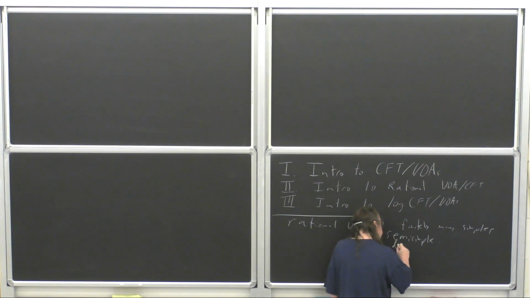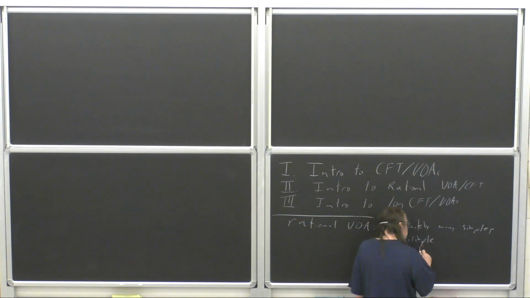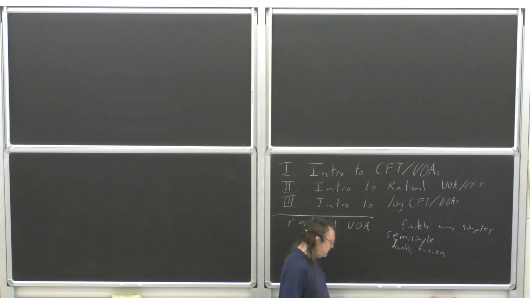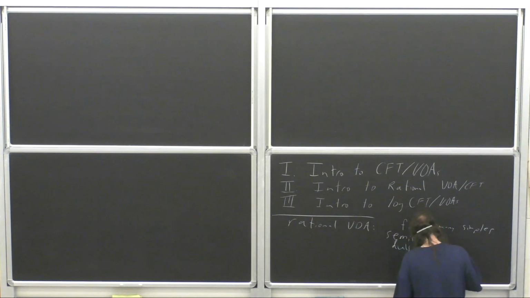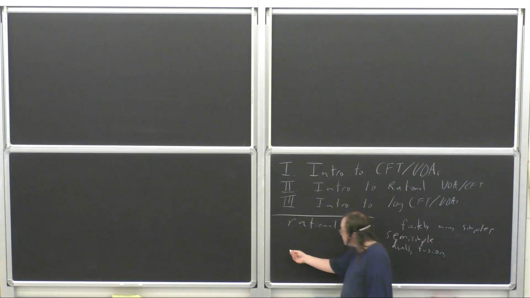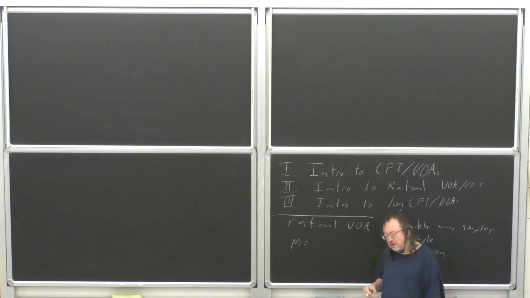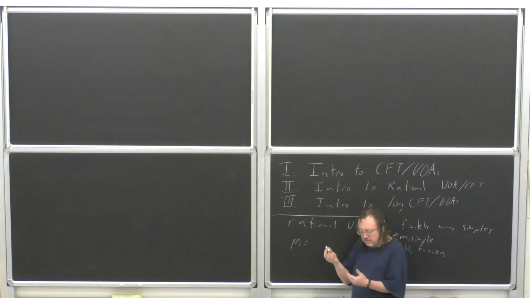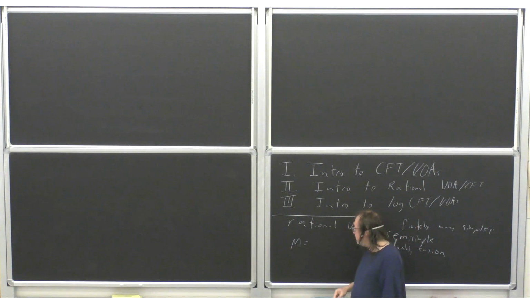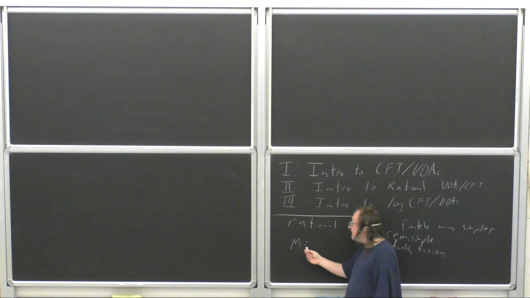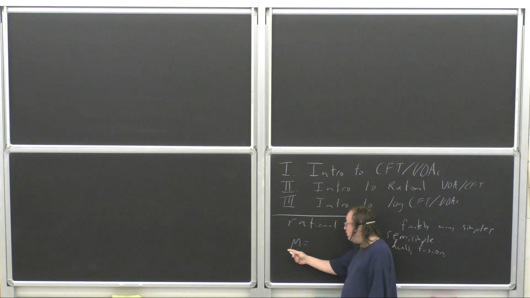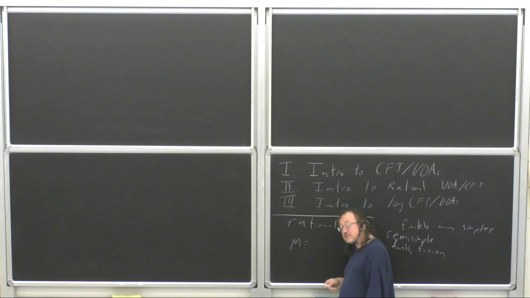It has duals. It has a fusion product or tensor product. What am I forgetting? Well, L naught, the Hamiltonian, the energy operator, one of the basis vectors in our Virasoro algebra representation, is diagonalizable in any VOA, and in a rational VOA, it's diagonalizable on all the modules.